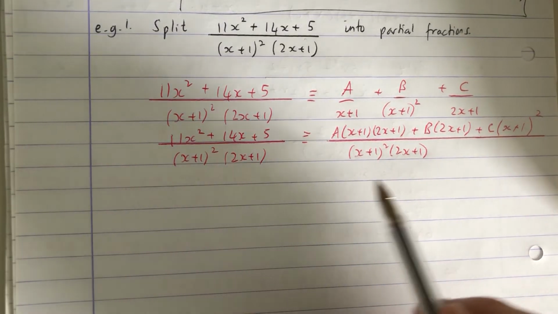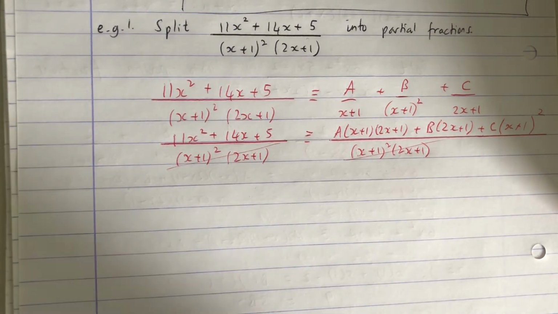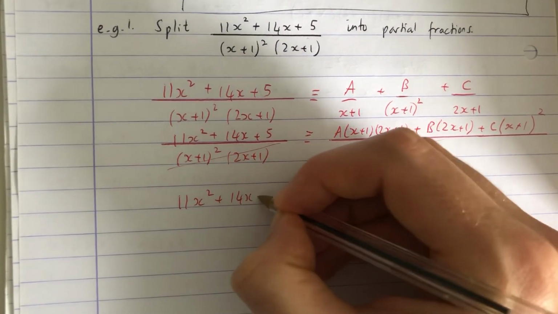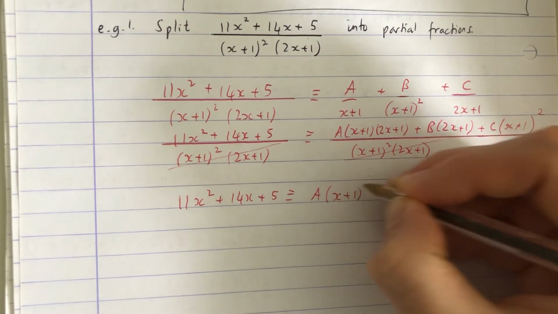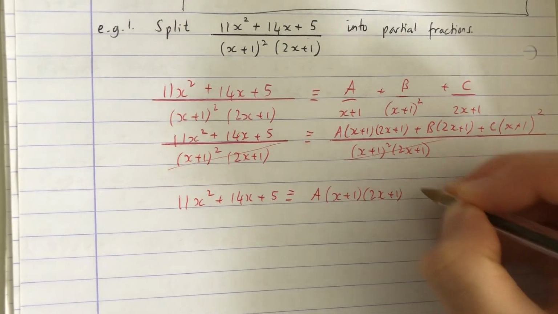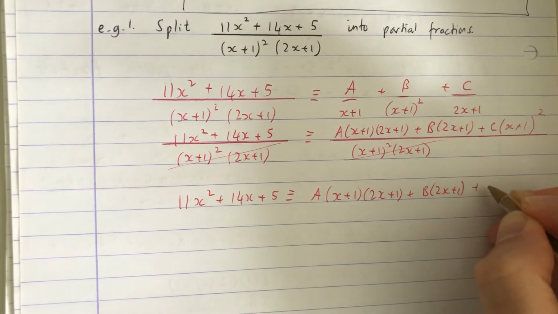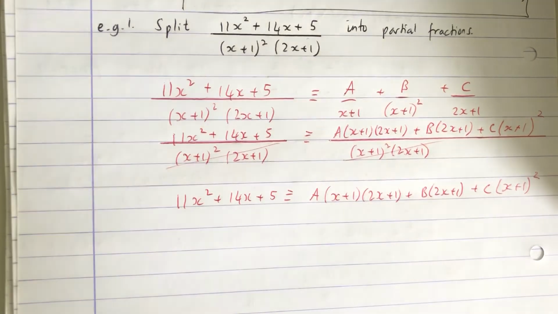See, both denominators are identical, so you effectively forget about them. And you're left with 11x squared plus 14x plus 5 needs to be identical to a, x plus 1, 2x plus 1, plus b, 2x plus 1, plus c, x plus 1 squared.